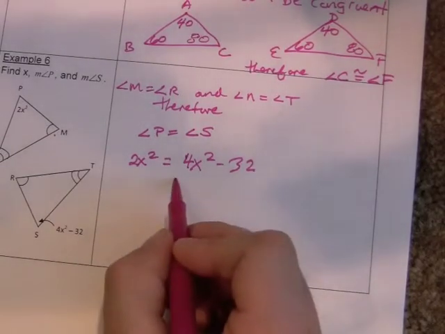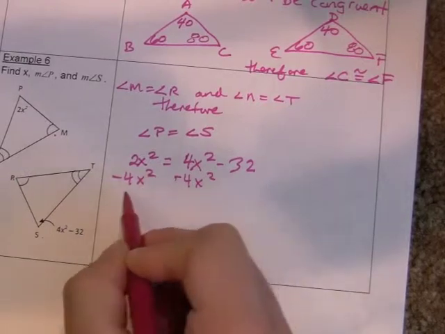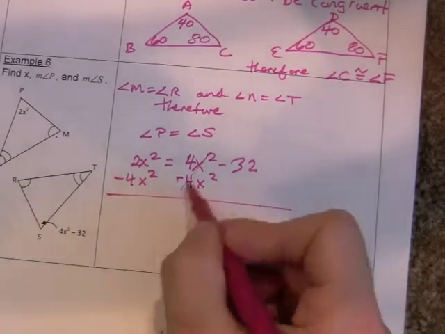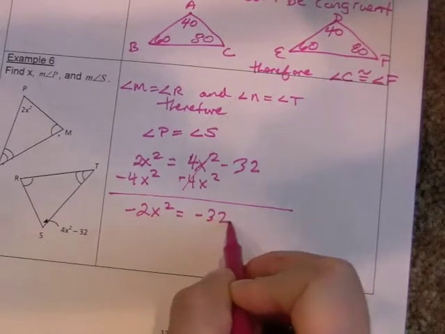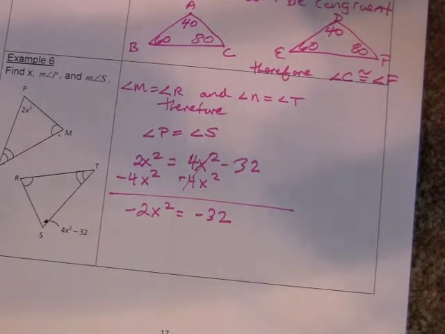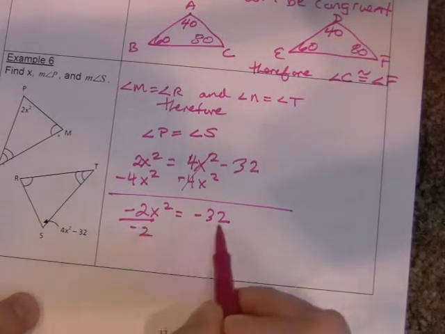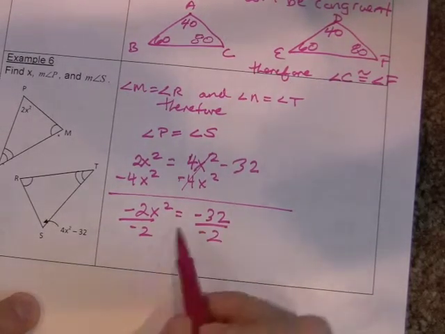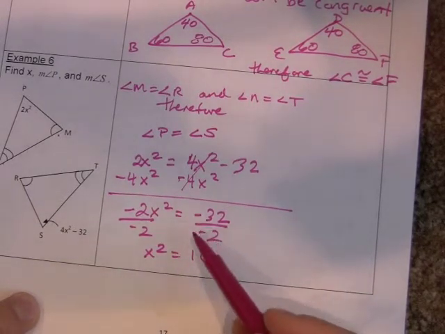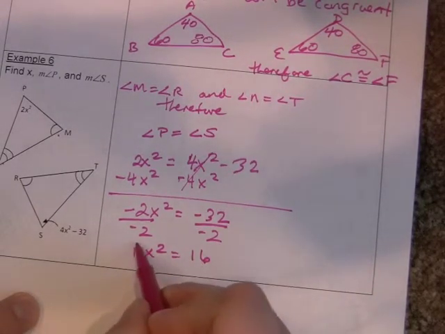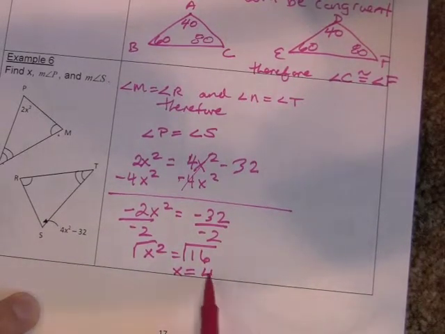And then solving this here, I can subtract 4x squared on both sides, which will give me negative 2x squared equals negative 32. I then want to divide both sides by negative 2, which would give me x squared equals positive 16, because when you divide two negatives, you get a positive, and take the square root of 16, which is 4. So there's my x value.